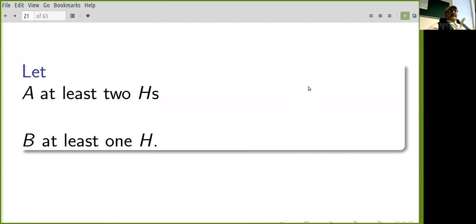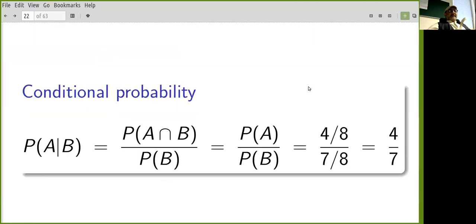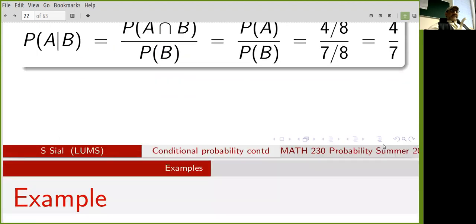A is at least 2 H's, B is at least 1 H. So A is a subset of B. So A intersection B when A is a subset of B is just A. Okay, so that's the probability of A divided by the probability of B. It's 4 out of 8 divided by 7 out of 8, which is equal to 4 out of 7.